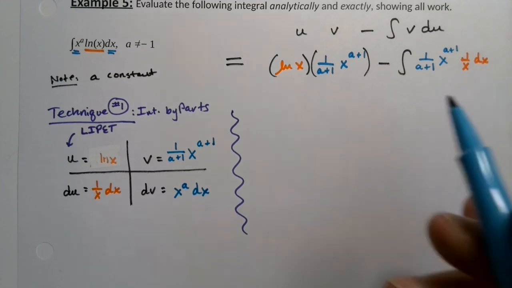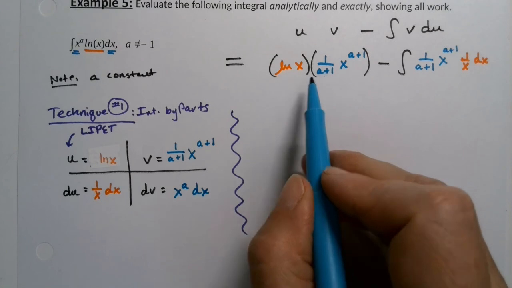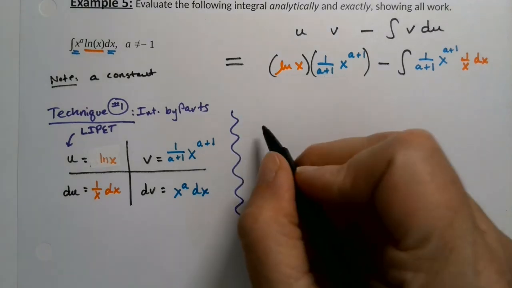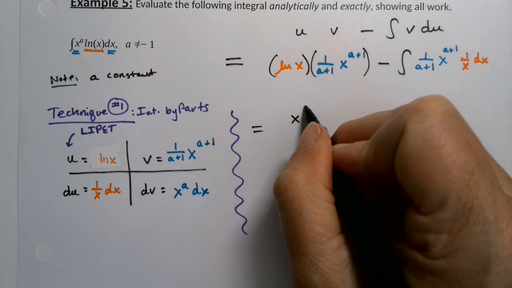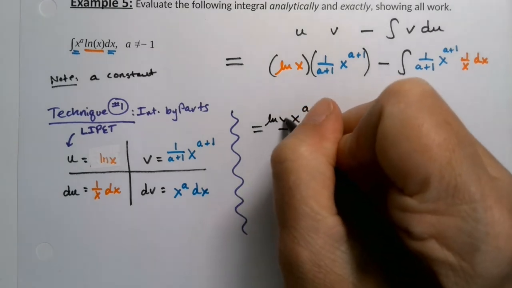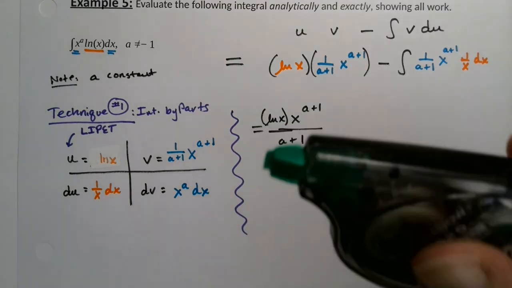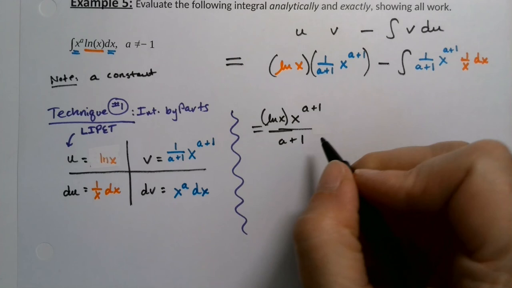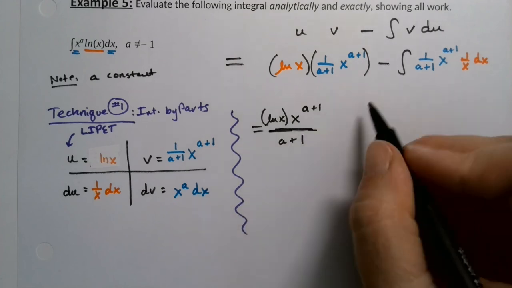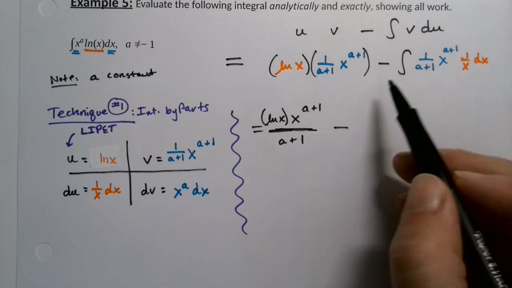All right, so then, let's see here. Over here, there's not much really to do because it just is what it is. So it's x to the a plus 1 over a plus 1, times the natural log of x. That's all there is to say about that. You don't have any integration to do there. Minus, okay, now the 1 over a plus 1 is a constant, so that can come in front.